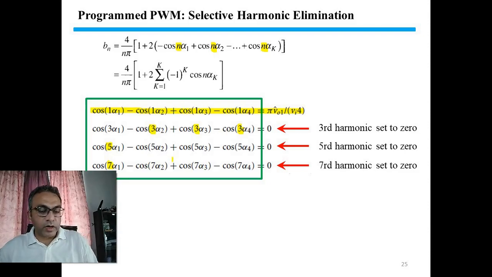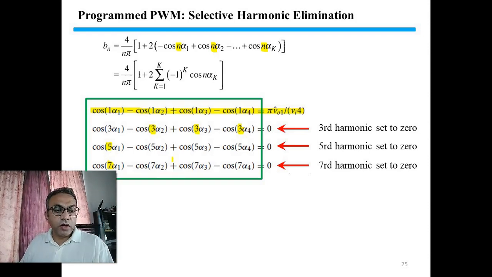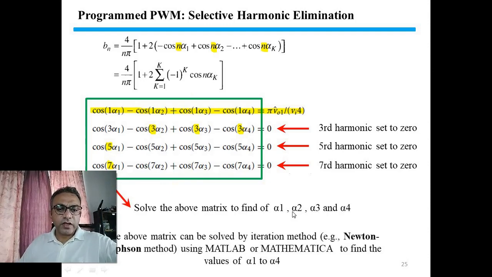So remember that in this wave symmetry, the odd harmonics are present, but the even harmonics are absent. Therefore, we are taking only n equal to 1, 3, 5, and 7. This is the matrix, and we will solve the above matrix for alpha 1, alpha 2, alpha 3, and alpha 4.